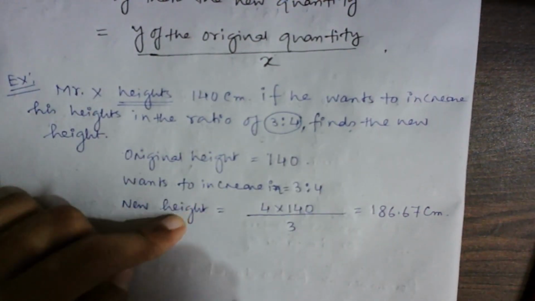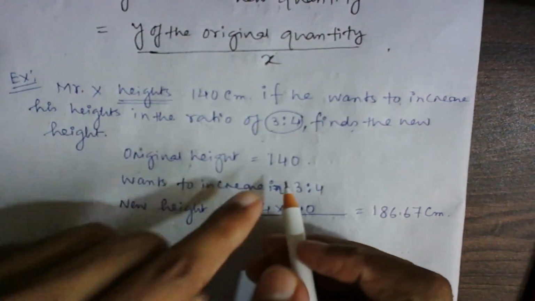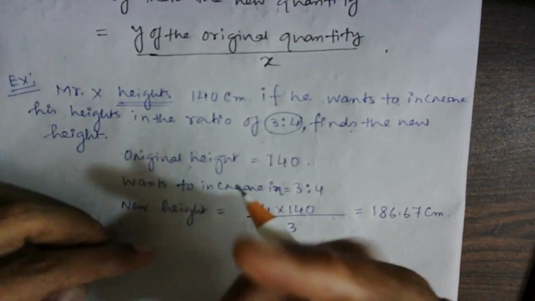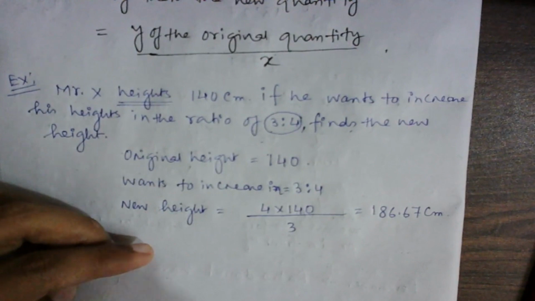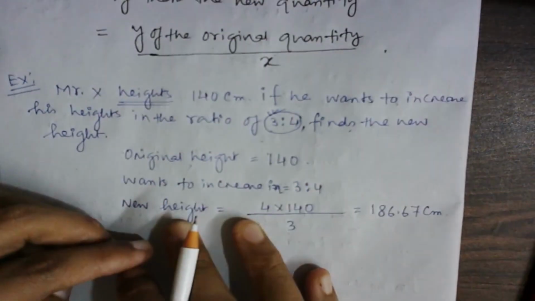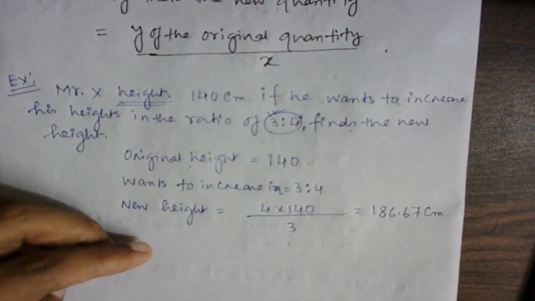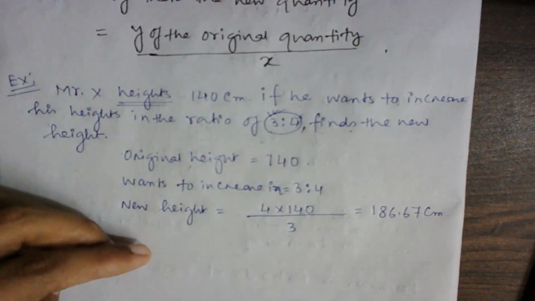If anything is equal to 3, what will be equal to 4? That is what the ratio says.